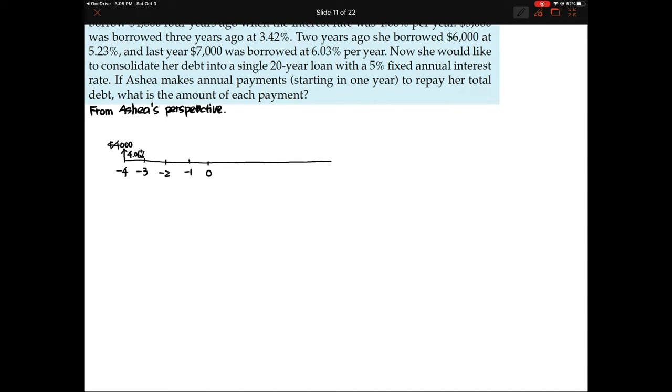And 3 years ago, she borrowed another 5,000. The interest rate is 3.42%. And 2 years ago, she borrowed 6,000. The interest rate is 5.23%. One year ago, she borrowed 7,000. The interest rate is 6.03%.